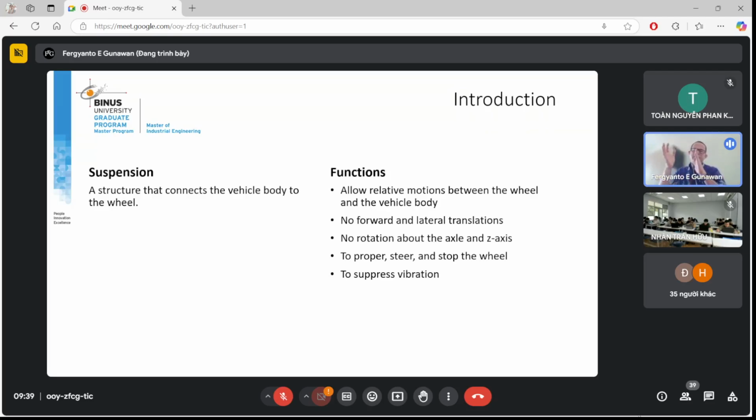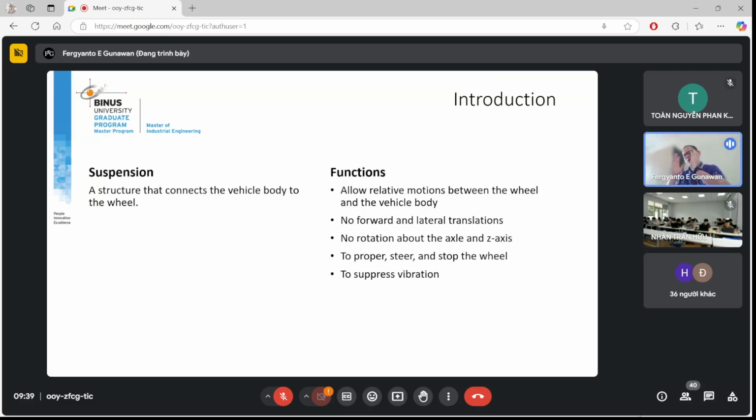However, as the vehicle should be able to be controlled in the steering, the suspension should allow the steering, and most importantly, suspension should be able to suppress vibrations. Okay, so this is the kind of performance that we expect from suspension. Suspension is a structure that connects the wheel to the vehicle body.